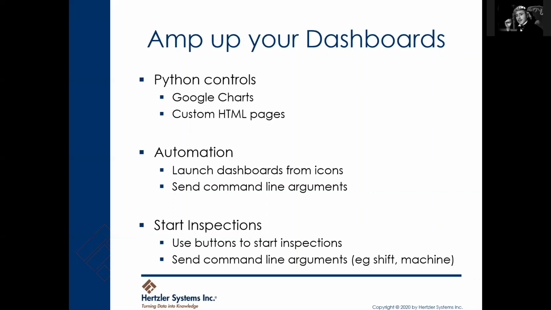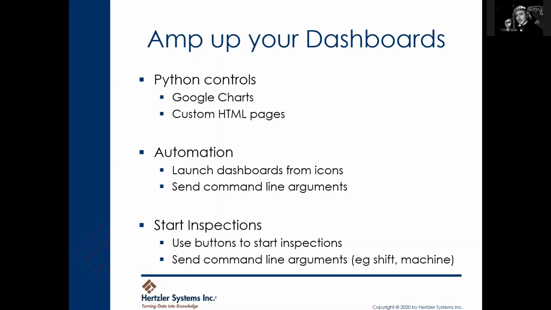Python controls. Python is as complicated as you make it. That's one of the things that's nice about it. If you just want to do some simple math, it'll do it for you, but you can also do things like create a Google Charts web page on the dashboard. Google has an API for that, so you can use Python, use our built-in database controls in Python to get retrievals out, throw them into Google Charts if you want.